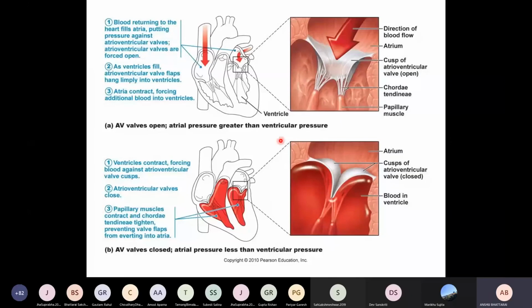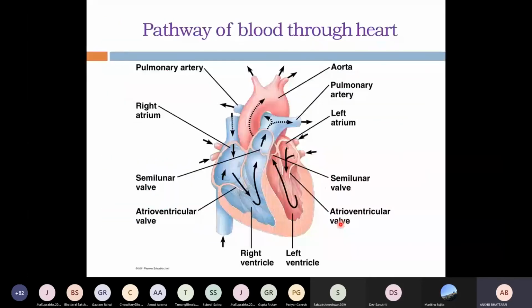I hope all of this was clear to everyone. I would like to ask someone to explain this part to me. Saksham, can you do it? Saksham Bhattrai, are you there? Saksham, can you explain for everyone what is happening here? What happens to the blood? How does it travel through the heart and the circulatory system?